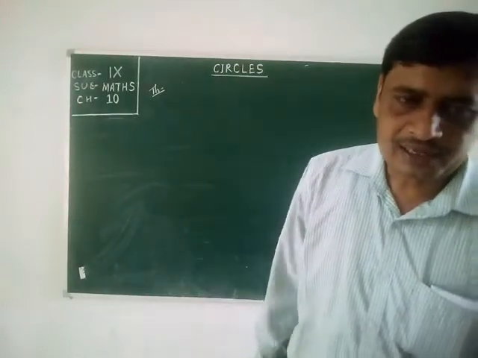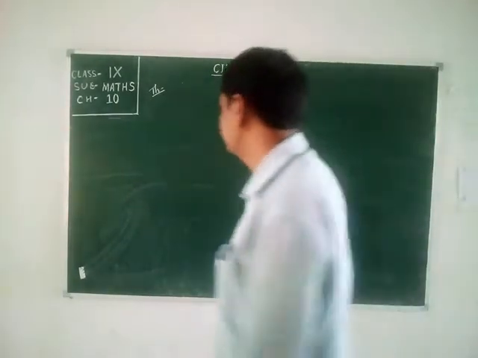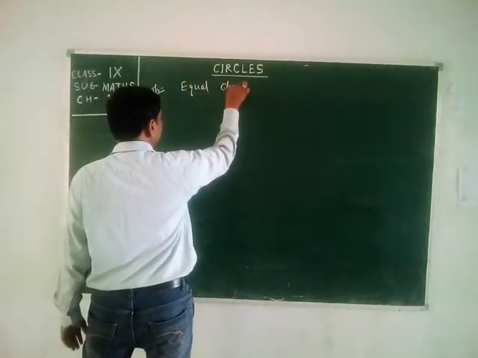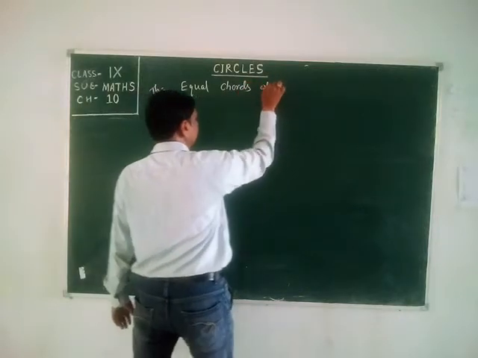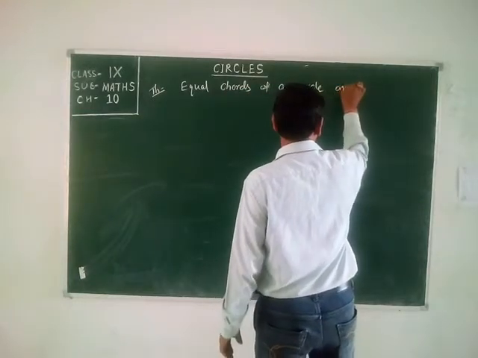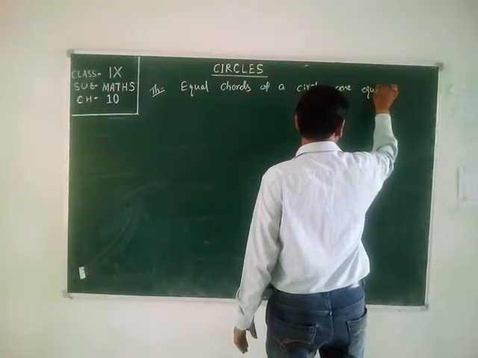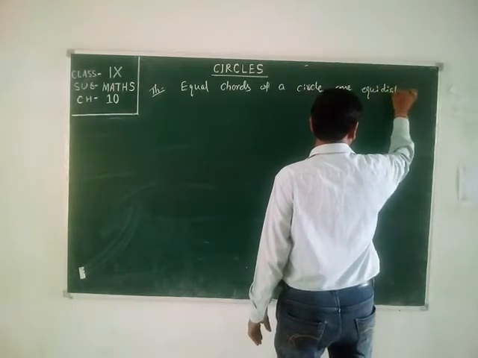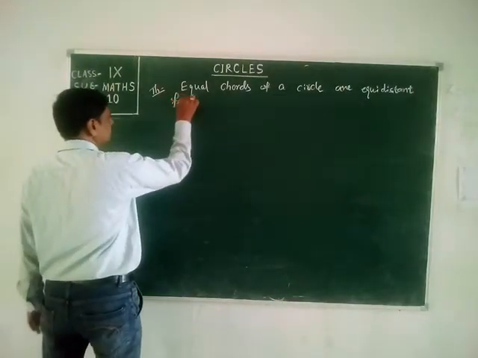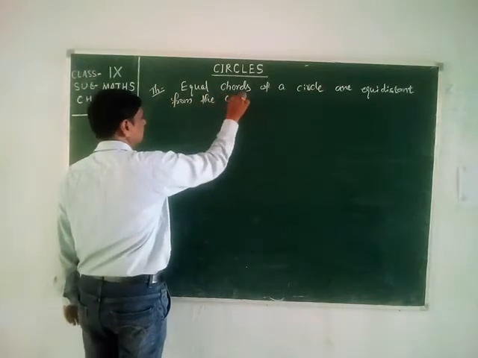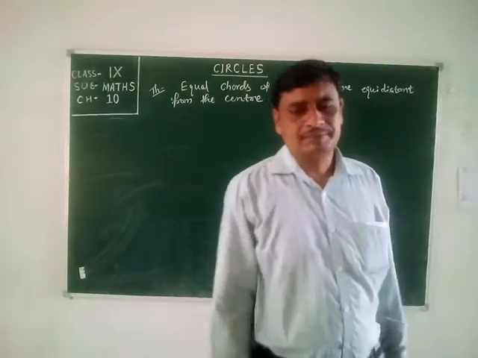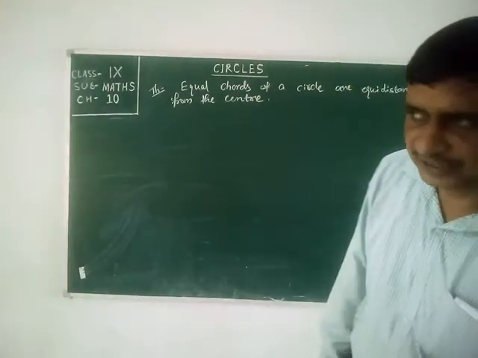First one, equal chords of a circle are equidistant from the center.